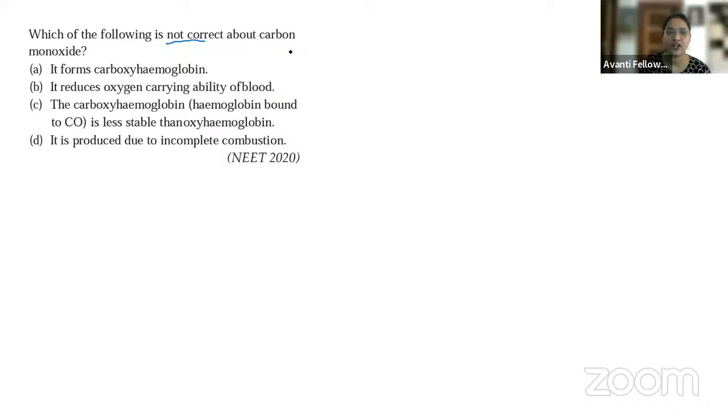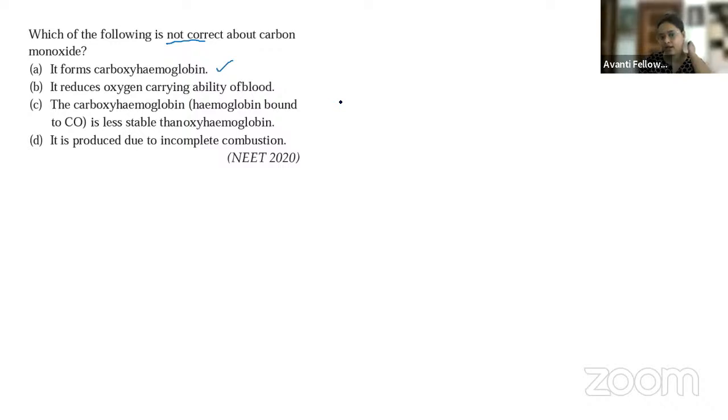Now let's talk about which of the following is not correct about carbon monoxide. It forms carboxyhemoglobin. What is the meaning of this? Hemoglobin, when combined with carbon monoxide, forms carboxyhemoglobin. So this option is correct. Next, it reduces oxygen carrying ability of blood.